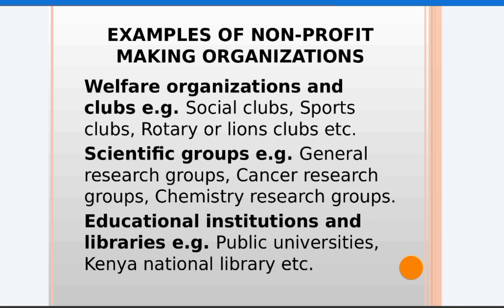We have entities like the Kenya National Library. So those ones fall under the category of the educational institutions and libraries. So their main aim is then to serve the interest of the public.